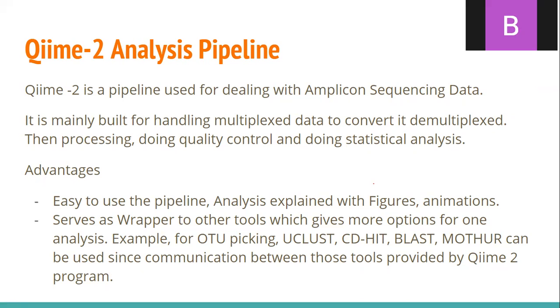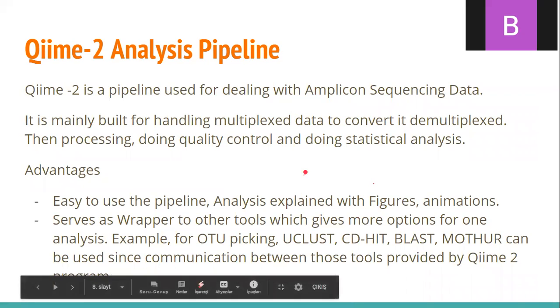An advantage of using the Qiime-2 program is that it is easy to use. It's explained with figures and animations, and the wrapper tool option is useful. I can give you an example. We want to do OTU picking, or ASV picking, under another name. We can use uClust, CD-HIT, BLAST, Mothur.